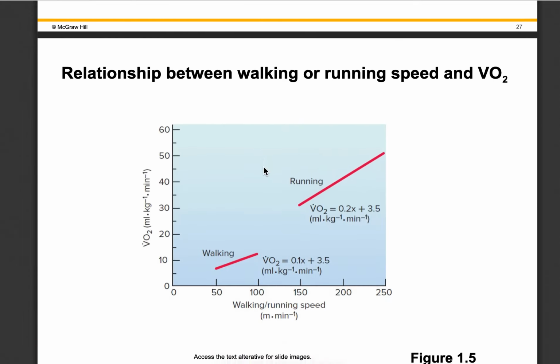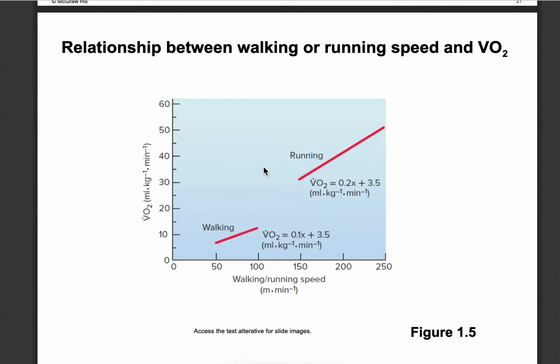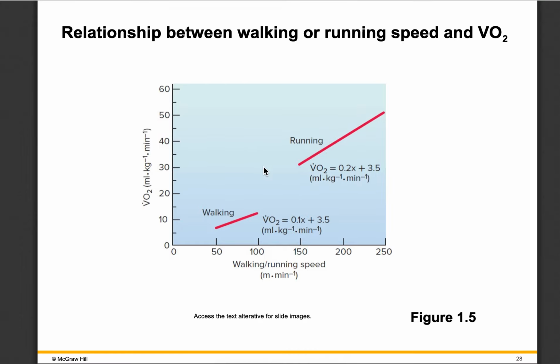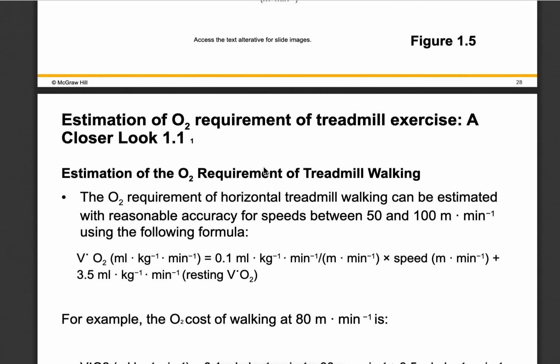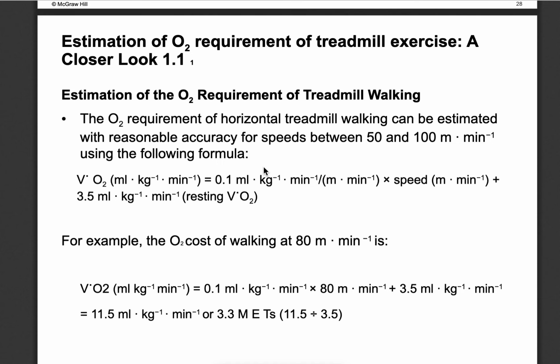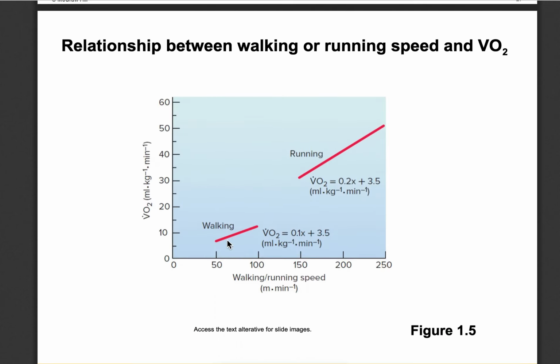And the book talks about this relationship between our VO2, the volume of oxygen consumed, the activity we do, and how much energy we expend. And it starts breaking those down. The fact that running and walking are different. So you can see these lines are slightly different.